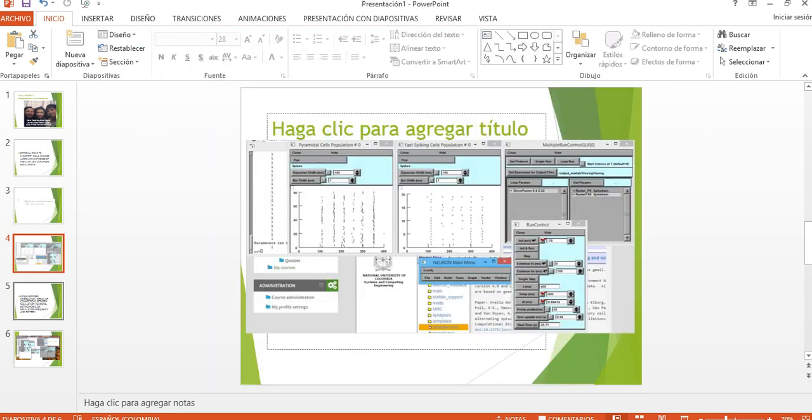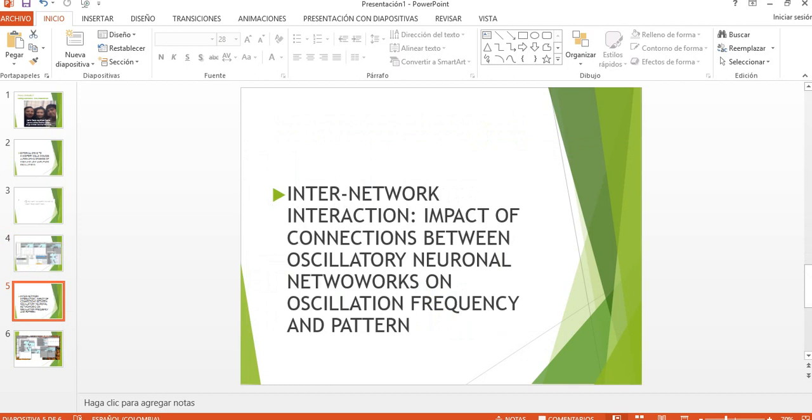Now we want to show the second model: the impact of internetwork interaction, of connections between oscillatory neural networks, on oscillation frequencies and patterns. From the previous work we saw that it was possible to generate amplitude oscillation in neural networks of excitatory and inhibitory cells.